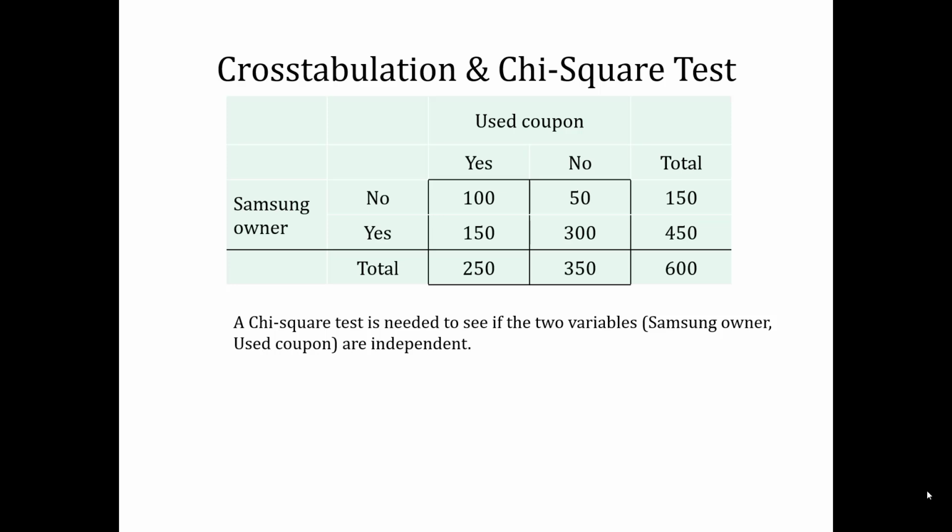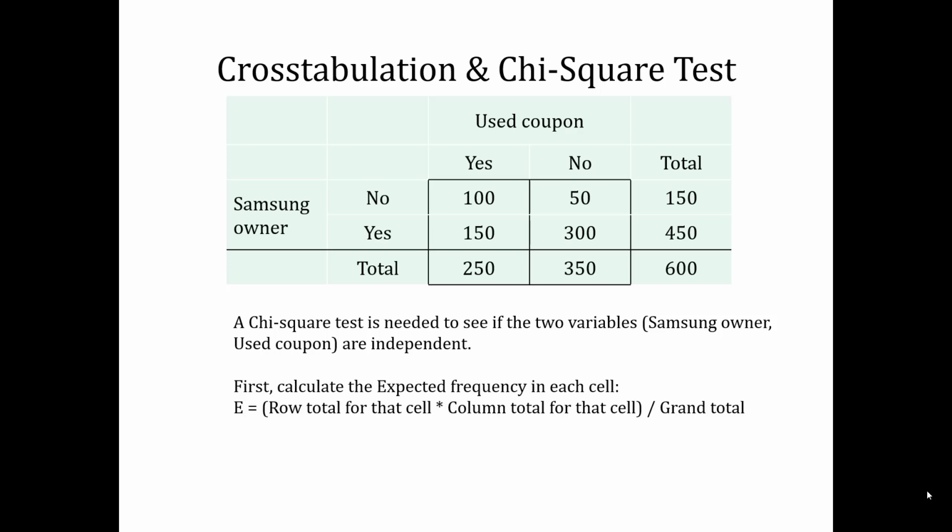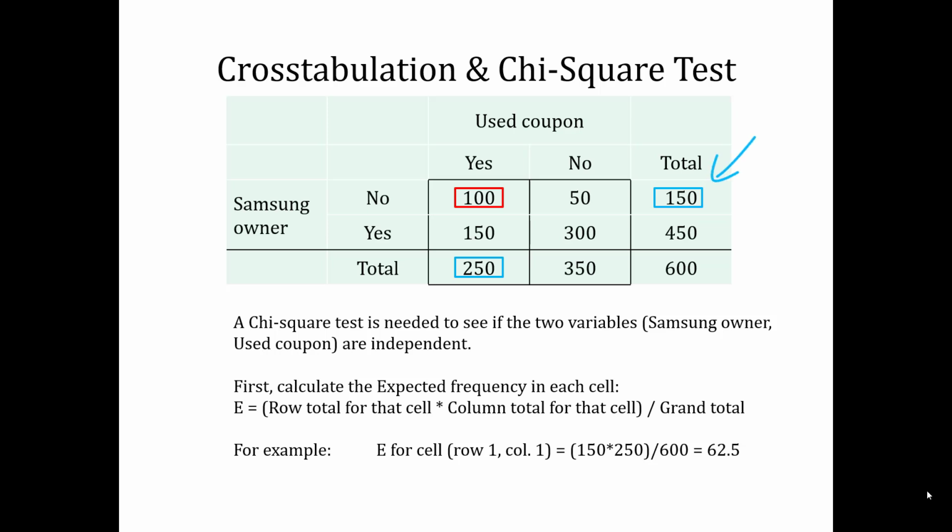We will now conduct a chi-square test to determine if we can reject the hypothesis of independence. First, we calculate the expected frequency in each cell. This equals the row total for that cell times the column total for that cell divided by the grand total. For example, the expected frequency for cell 1, 1, that is row 1, column 1, is calculated as 150, which is the total for row 1, times 250, which is the total for column 1, divided by 600, which is the grand total.